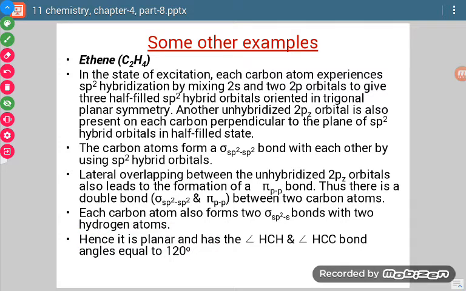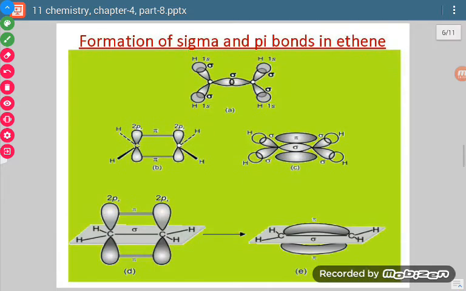Now we can see how it looks. Here in this diagram, if we talk about one carbon atom, this hydrogen and this hydrogen are bonded to it through sigma bonds, and this carbon atom has formed one sigma bond here.